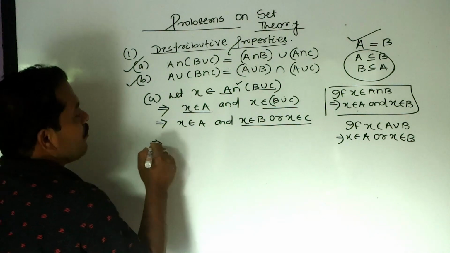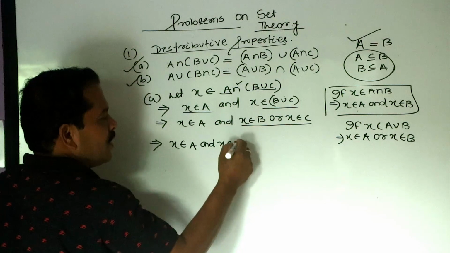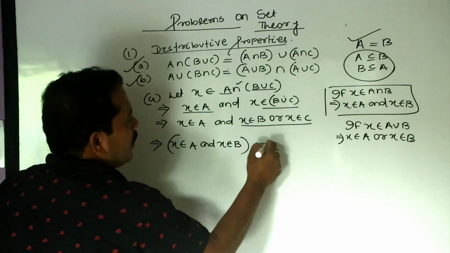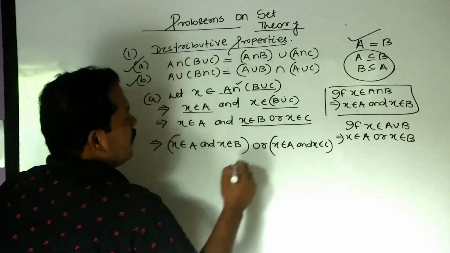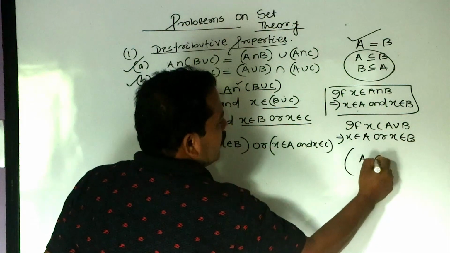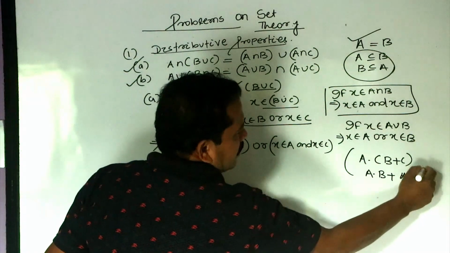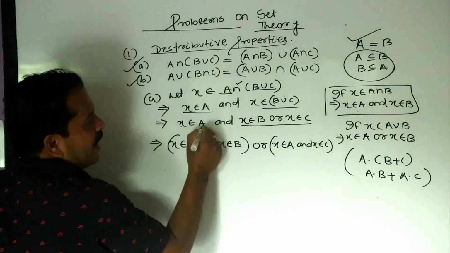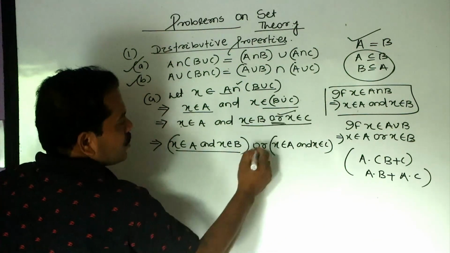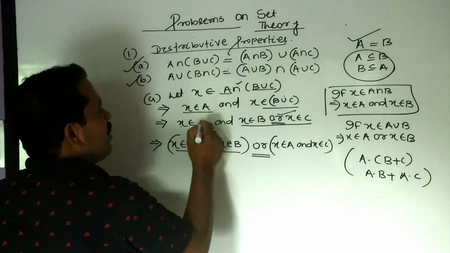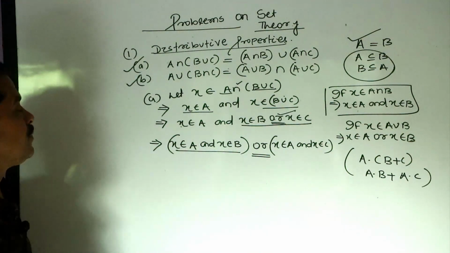Then we use the distributive property. x belongs to A and x belongs to B, or x belongs to A and x belongs to C. As we know, A times (B plus C) we write as A times B plus A times C. Similarly, x belongs to A and x belongs to B; here the middle word is OR, so here the middle word is also OR; x belongs to A and x belongs to C. This line is important.